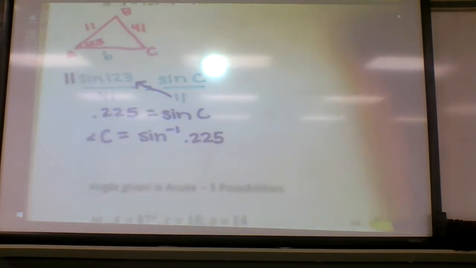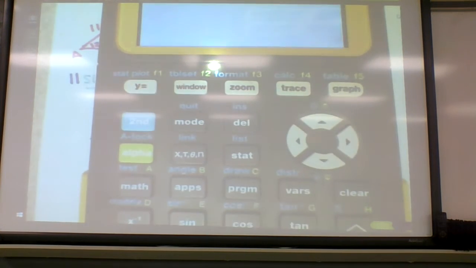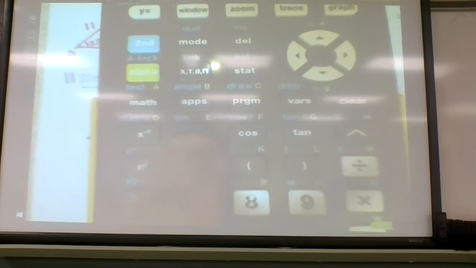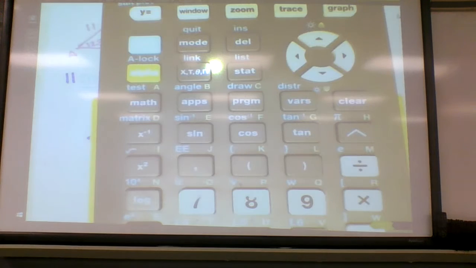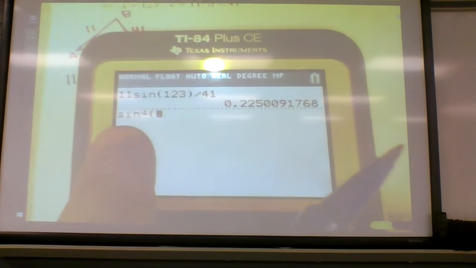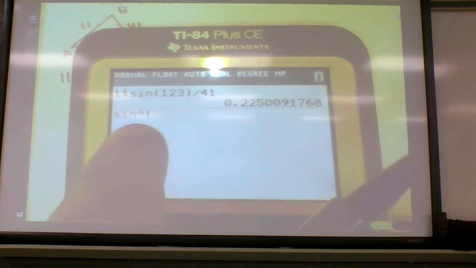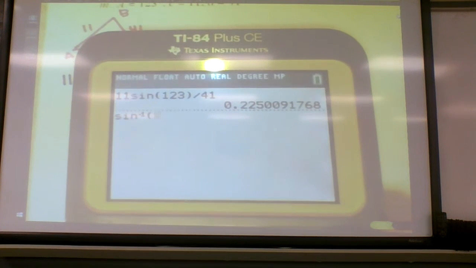When you put it in your calculator, remember sine inverse is the sine button right here, but you have to hit the blue one to get the inverse. And you never want to round this decimal. Remember they give you a decimal here? You don't want to round that decimal. When you hit sine inverse, you need to put that number in there, because if you round it, your answer might be different than mine by a couple degrees.